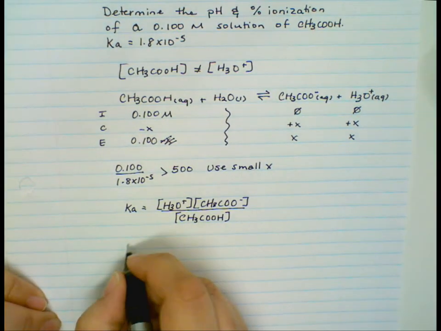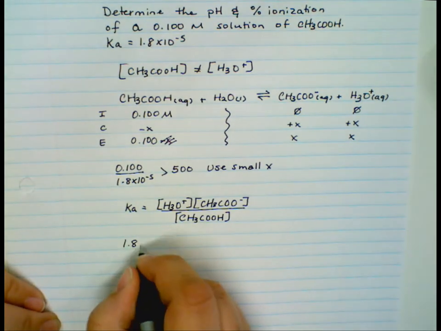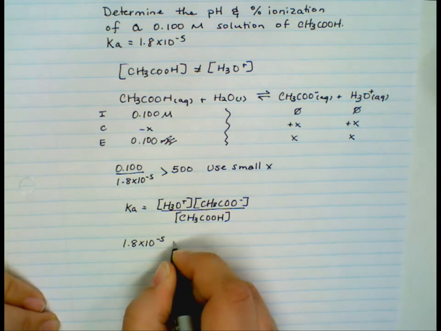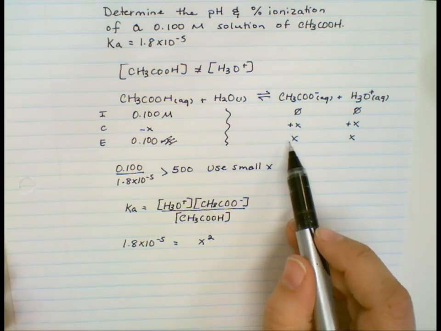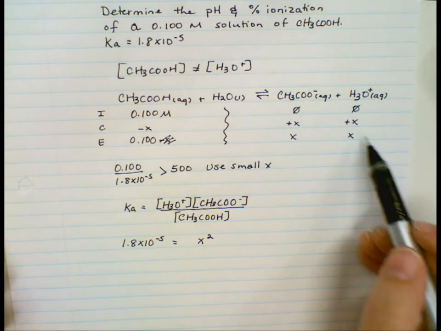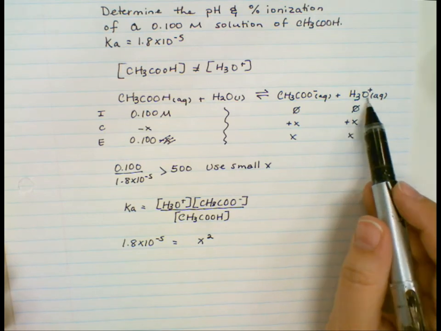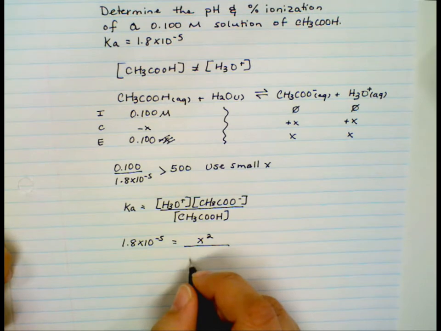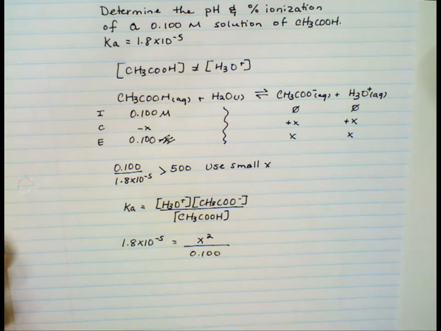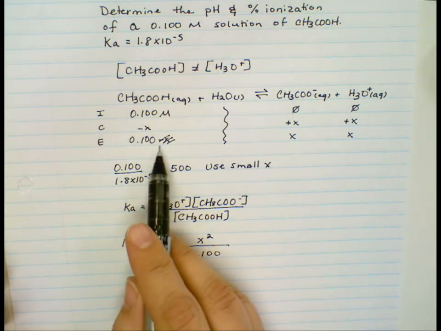So I know Ka is equal to 1.8 times 10 to the negative 5. This is going to be x squared on the top, because both CH3COO minus is x, and H3O plus is also an x. So if I multiply those together, that's x squared, and we'll put it over 0.1 on the bottom. And so remember, it's 0.1 on the bottom because I'm using the small x approximation.